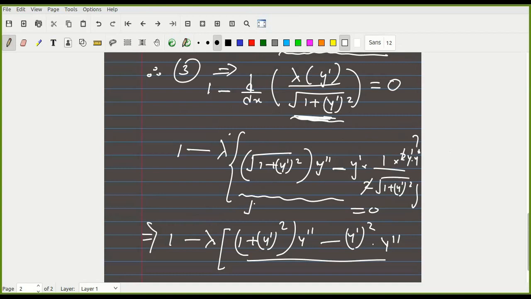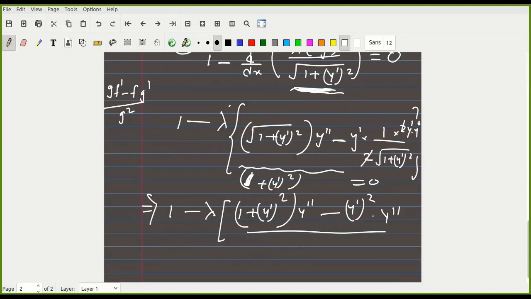The quotient rule is g f dash minus f g dash divided by g square, that kind of a thing. So you have this 1 plus y dash the whole square also here. Sorry, I forgot that. So this turns out to be 1 plus y dash the whole square, the whole power 3 by 2.